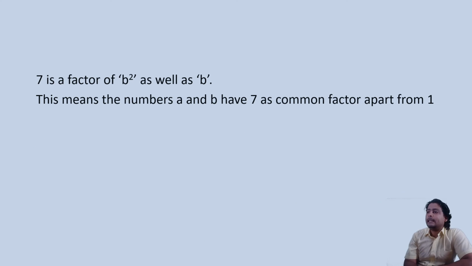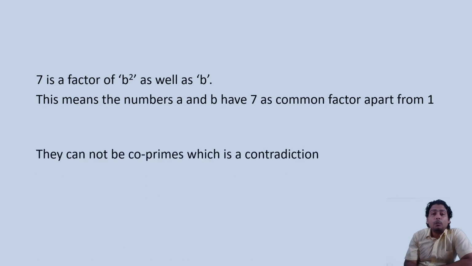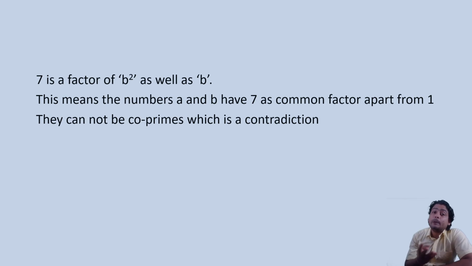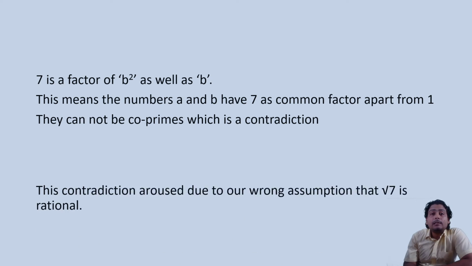So we have to write that since 7 is a common factor of a and b apart from 1, this means they cannot be co-primes to each other. And if they are not co-primes to each other, there arises a contradiction in our proof. And why is this contradiction there?